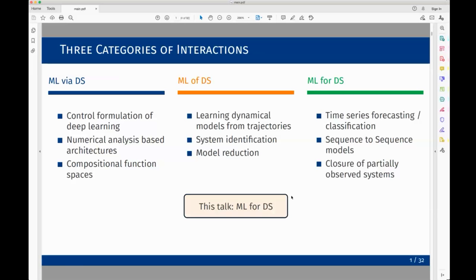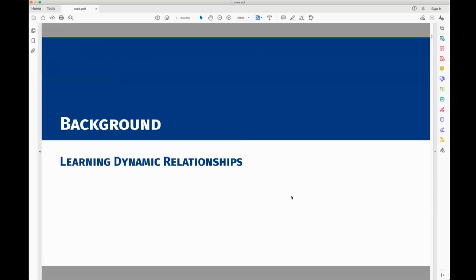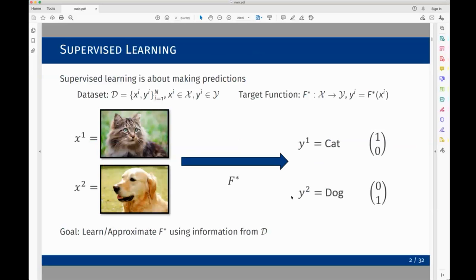Today's talk will be on the third type. Especially, we want to use machine learning tools to construct a dynamic system that explains the sequence or temporal data structure. So why would we be interested in this kind of thing?